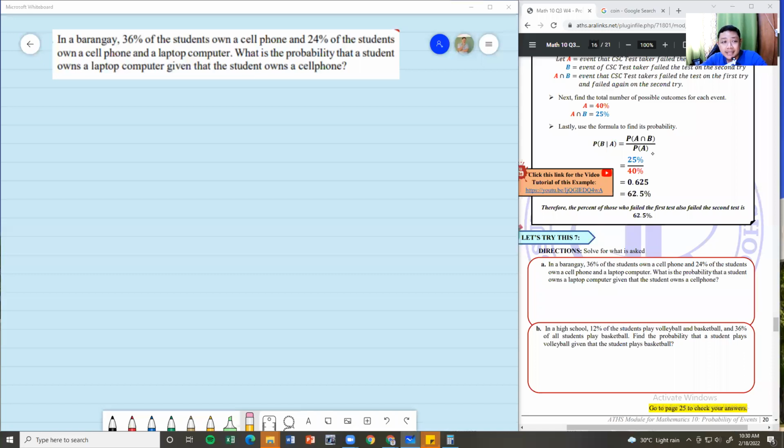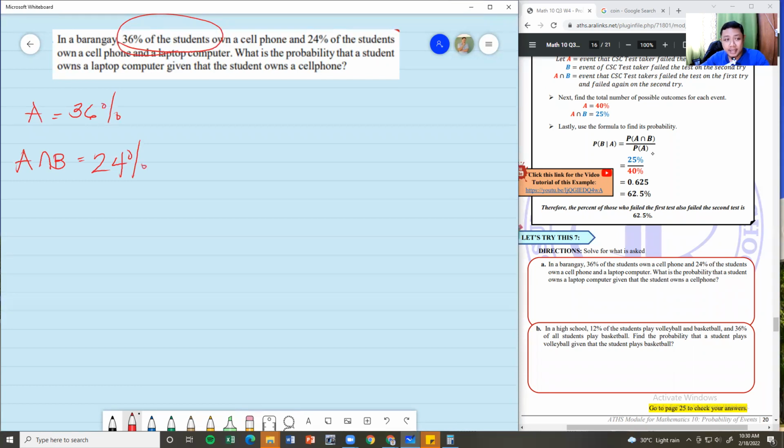Of course, P of A is our simple event, and that's just the 36%. And then the intersection of A and B, those with a cell phone and a computer, that's 24%.